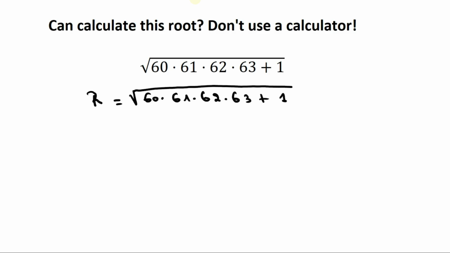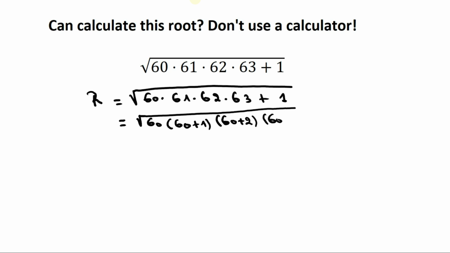I consider this to be equal to the square root of 60, and 61 can be written as 60 plus 1, right? 62 can be written as 60 plus 2. 63 can be written as 60 plus 3, and then plus 1, right?